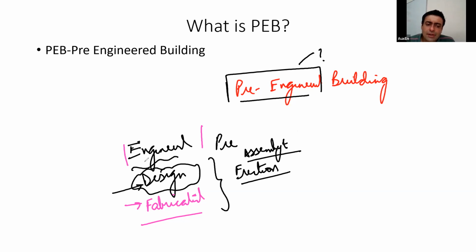So by the word engineered, I would mean that design is done somewhere else, material procurement is done somewhere else, and fabrication is done somewhere else. Then these fabricated items are transported to site, and on site only assembly and erection takes place. So that is what we would mean by pre-engineered.